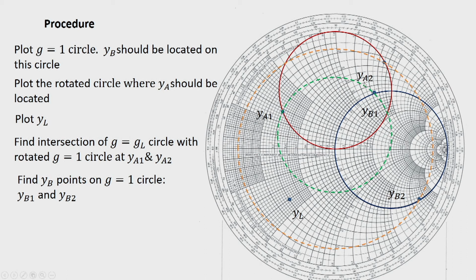So, we can calculate for the other 2 points y a 2 and y b 2 as well. We can determine the stub lengths L a and L b that would be necessary, and the lengths will depend on whether we are choosing open circuited stub or short circuited stub.